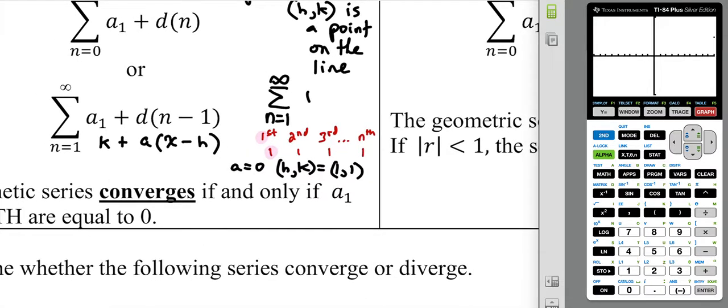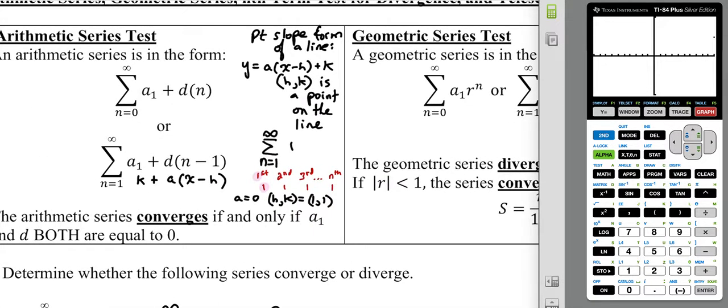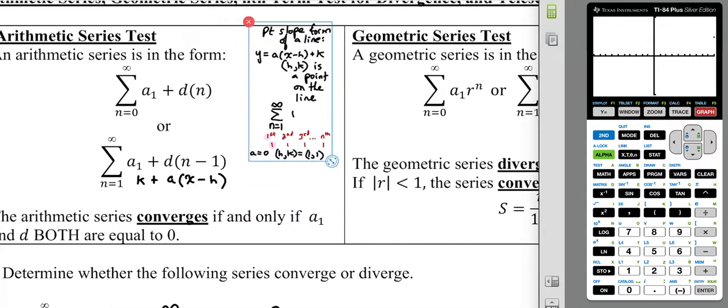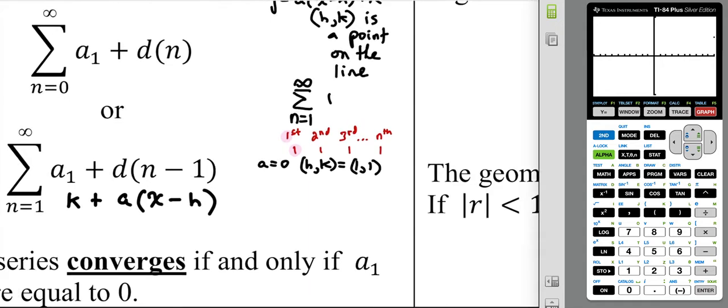All right. And by the way, this is a long way for me to say that it's going to diverge by the arithmetic series test, but I just want to have a good justification for you.